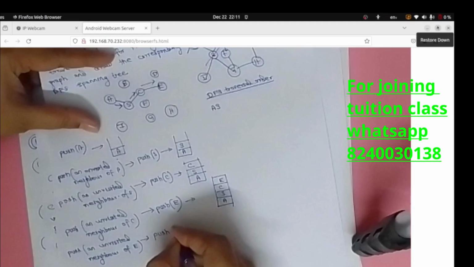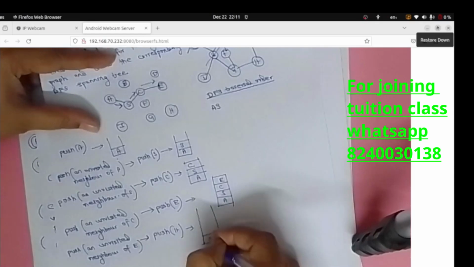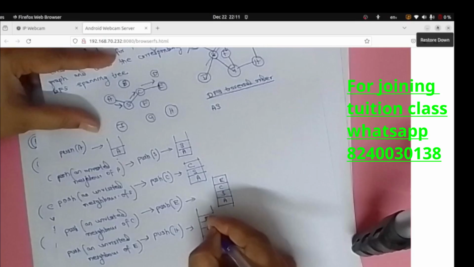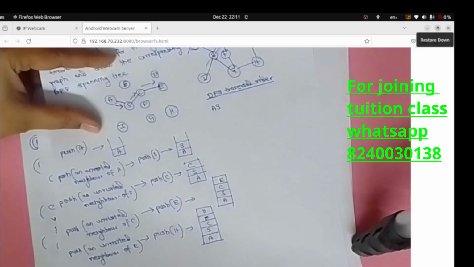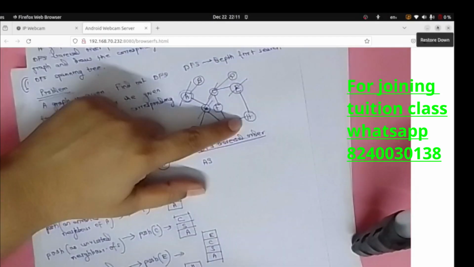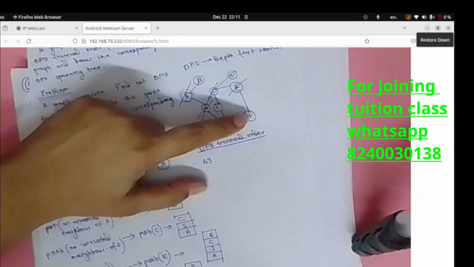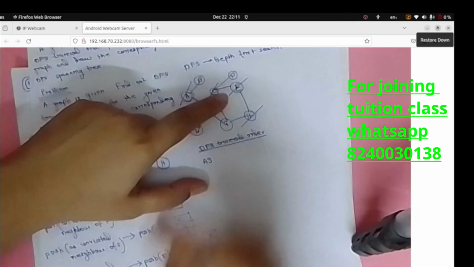So what will be the change in the content of the stack? Previously the stack was A, C, E. Now H has been inserted and it is the topmost element. Now as the vertex H has been inserted into the stack, we mark H as visited.